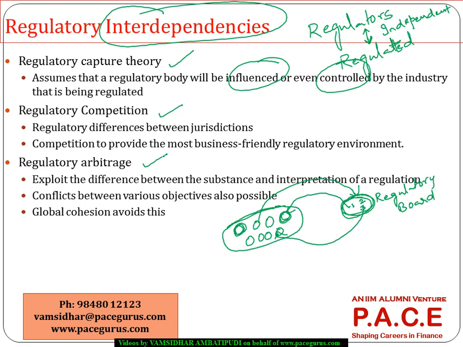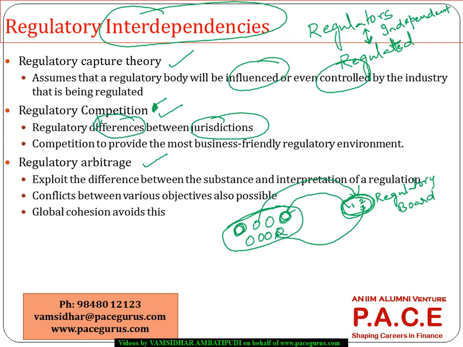Then there is a possibility. Generally, when we look at regulatory capture theory, typically it affects the people who are on the board. They may try to favor their companies at the expense of other companies. Then, in some cases, especially if there are multiple regulatory bodies in multiple states or countries, the regulatory bodies themselves will try to take advantage because of the competition between the various regulatory bodies.